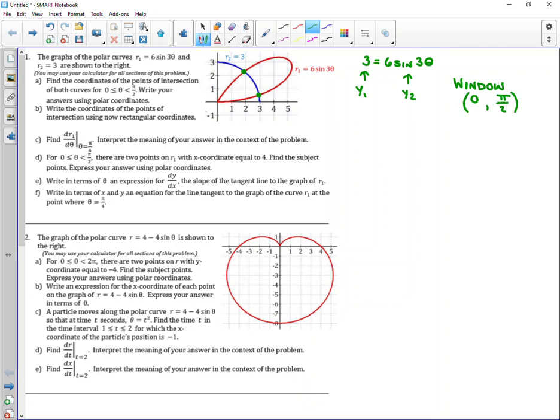X instead of theta. Yes, do x instead of theta. We just need intersections, so we don't need it in polar mode in order to calculate the intersections. Should we make that y? No, for that window.